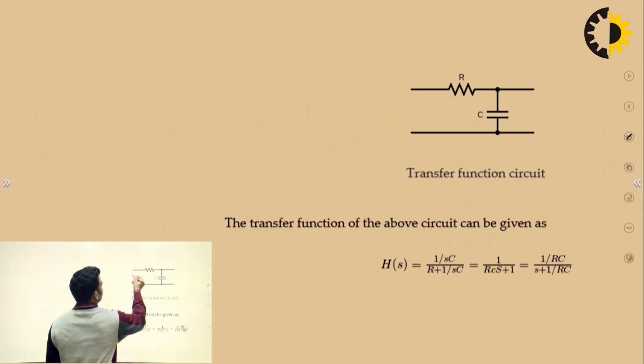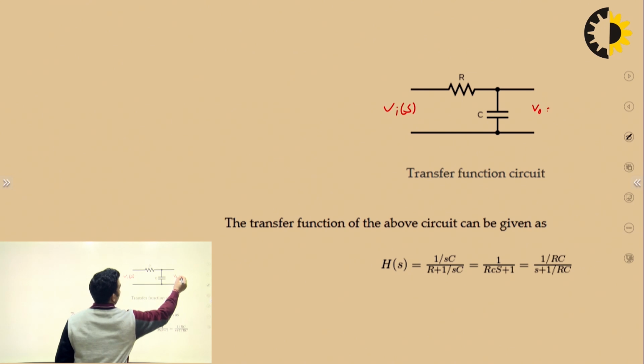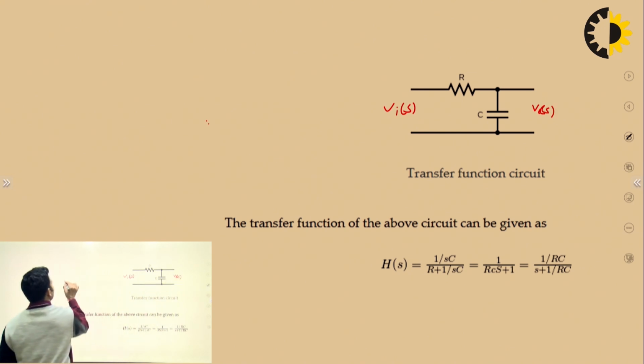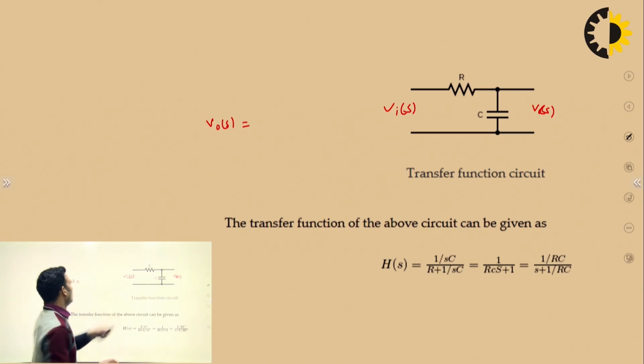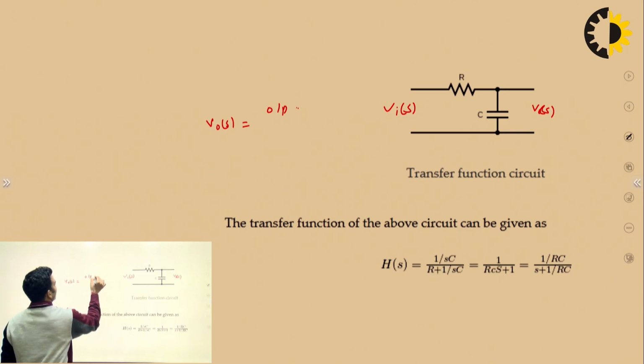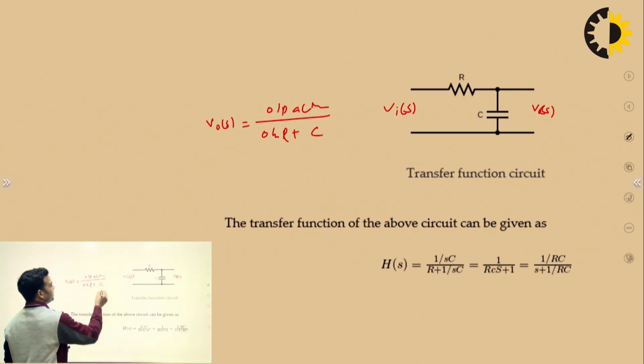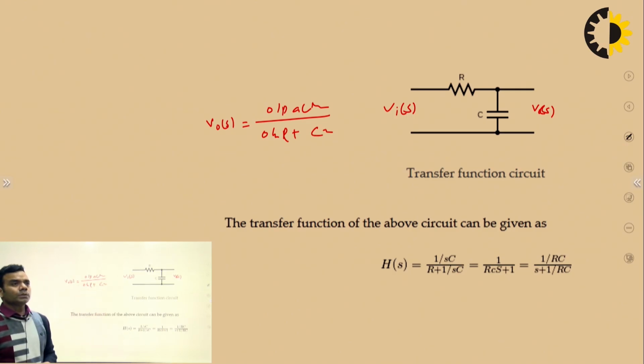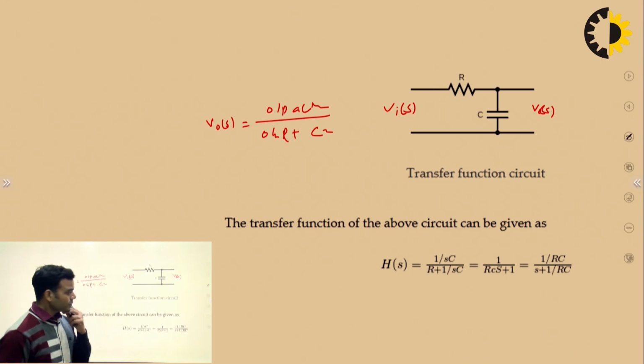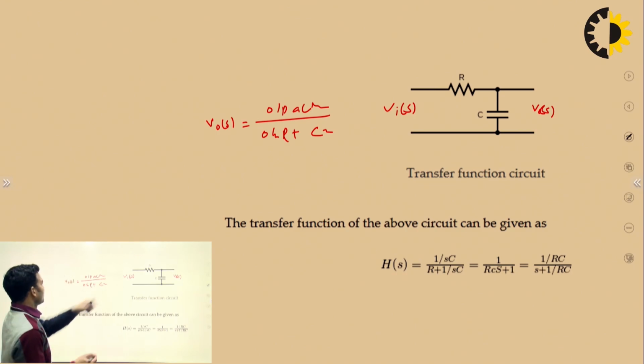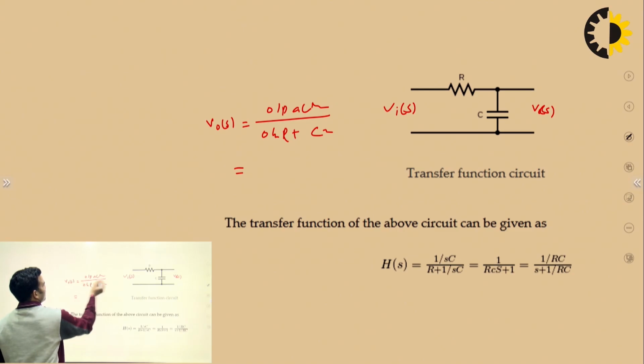So, for example, this is input, this is output. What will be the output? Output across the capacitor upon output across R plus output across C, multiplied by input VIS.